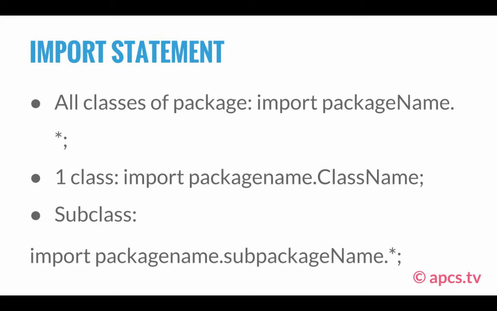And if you would want a specific class, then you would go import package name dot sub package name, and then simply insert dot class name. So it's very structured and very obvious, the way it should be, and that's how you could import different classes into your program. Now, this is obviously very useful.